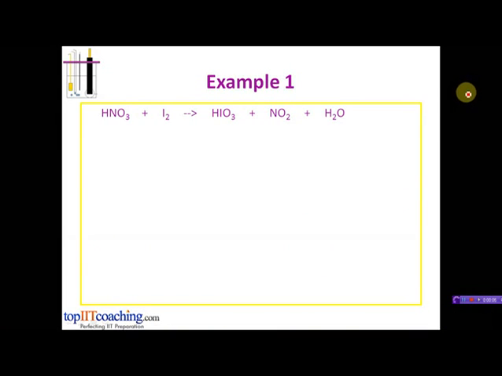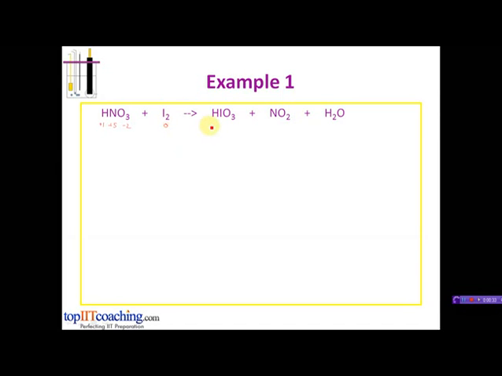Let's take this example. We have to balance this given equation. So first of all, we'll assign oxidation numbers to all the elements involved in the reaction. In HNO3, the oxidation number of hydrogen is +1. We already know how to assign the oxidation numbers. That of nitrogen is +5 and that of oxygen is -2.